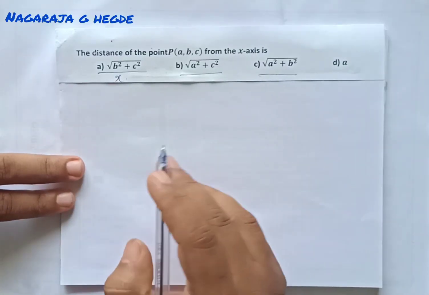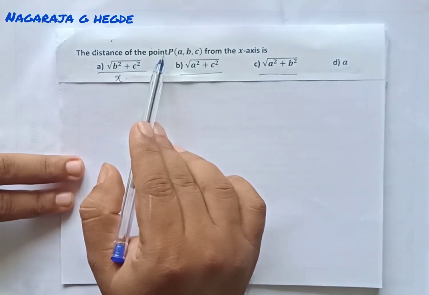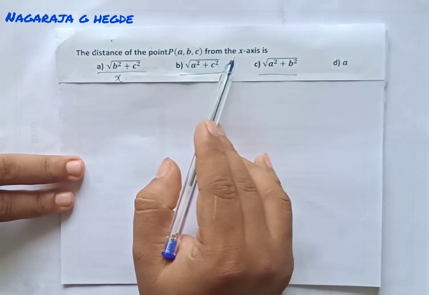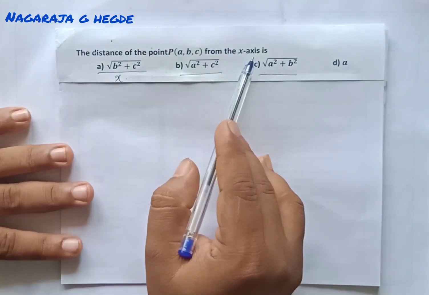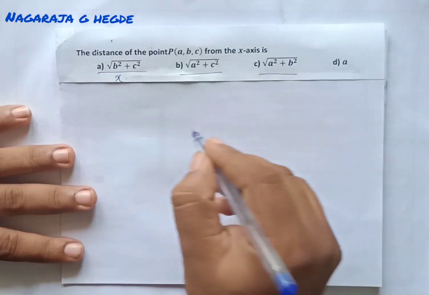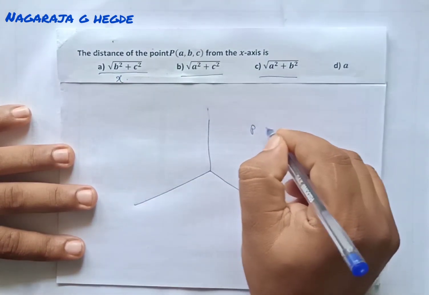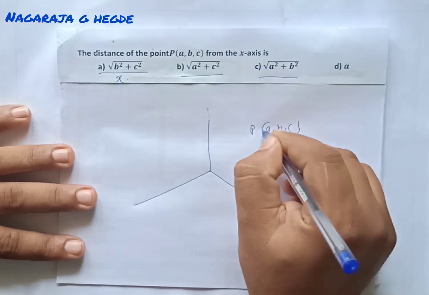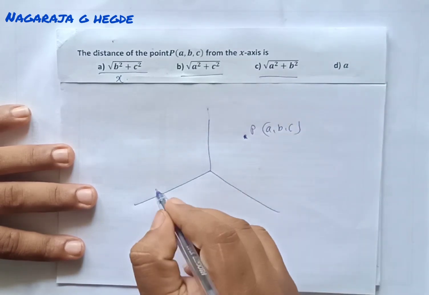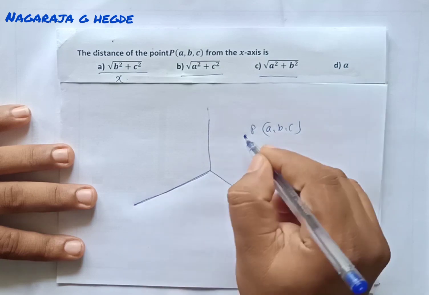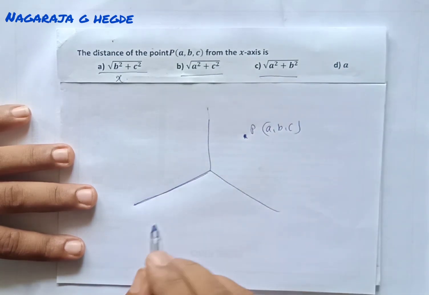Next problem. The distance of the point P(a, b, c) from the x-axis is... these are all direct questions.